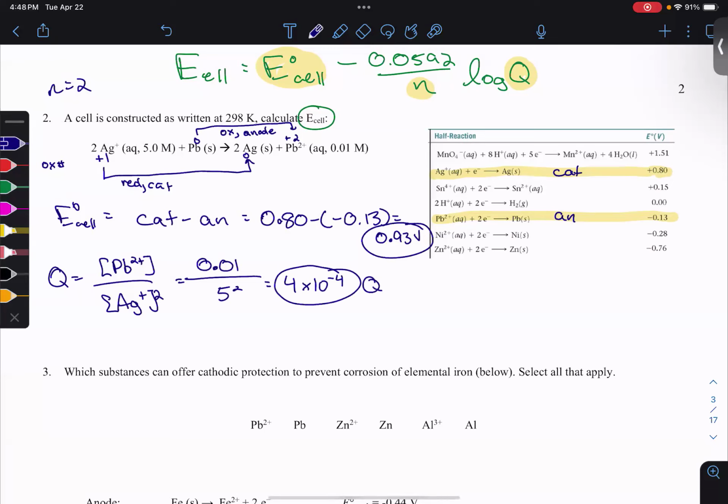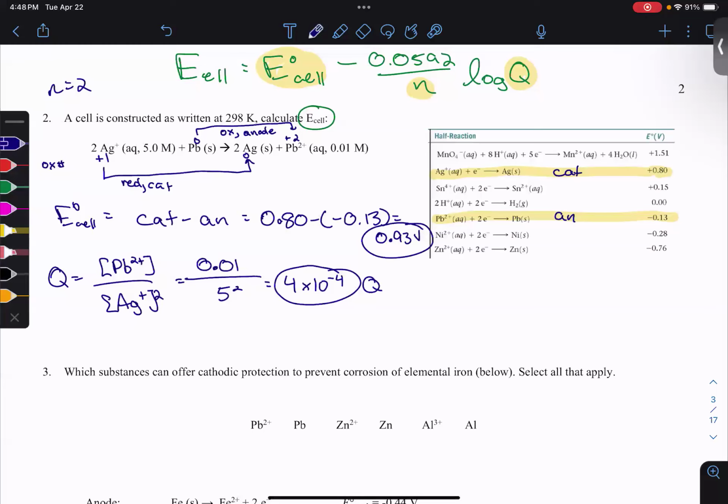So if this is Q, you have a lot of what right now? Reactant or product? Yeah, reactant. Yes. So is our measured cell potential going to be bigger or smaller than standard? Probably bigger because we have a lot of reactant.